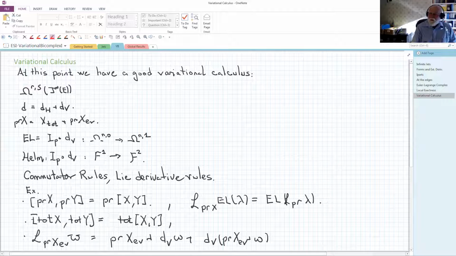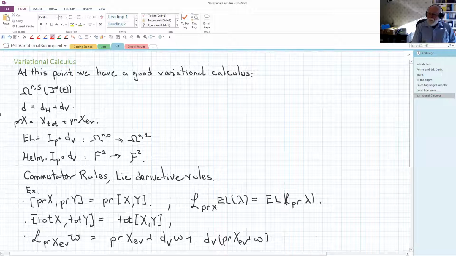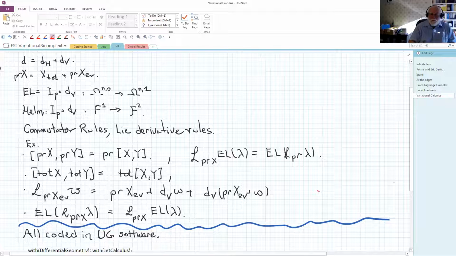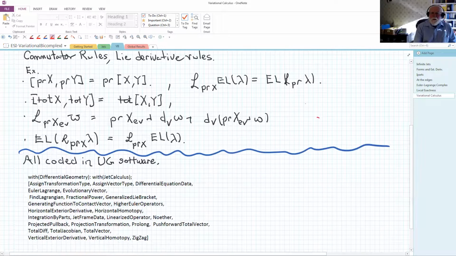We have a whole host of commutator rules for commutators of vector fields and commutators of all the operators in the bicomplex. As some of you know, I've been working for many years also doing software development, and all of this variational calculus is available to us inside of Maple, inside the differential geometry package, in a package called Jet Calculus.